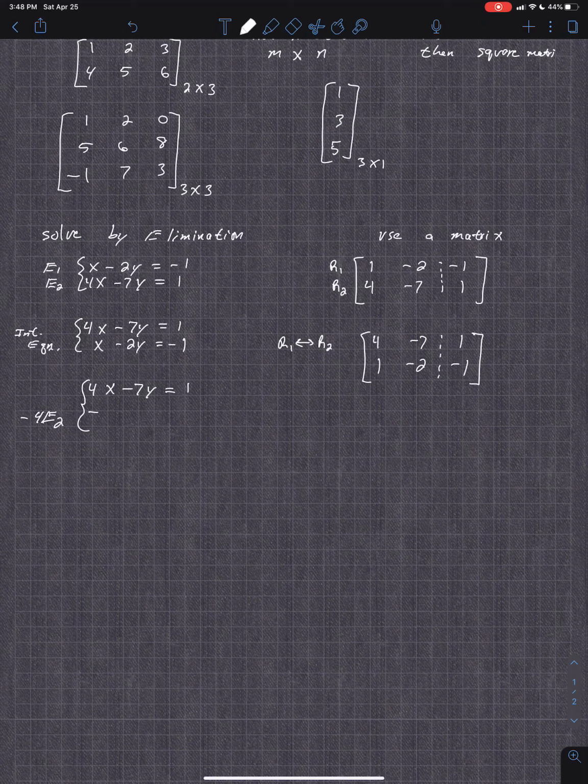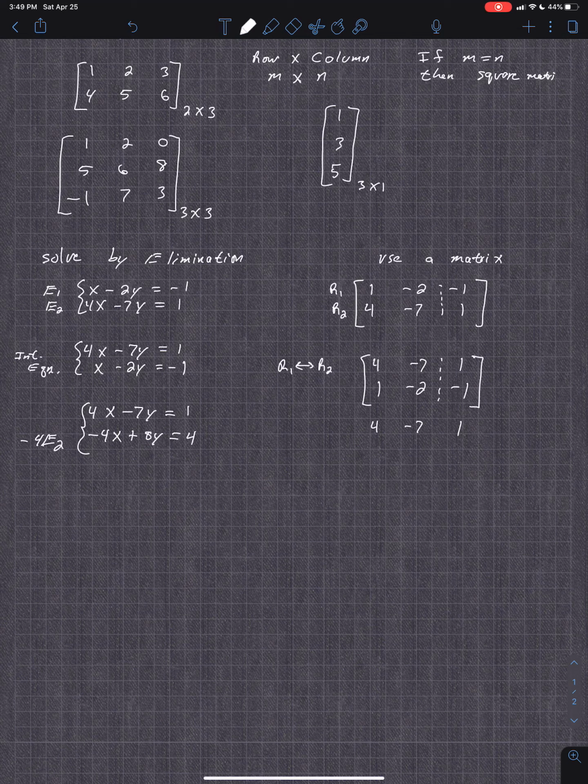So you get -4x plus 8y equal to 4. All right, so over here, you just recopy row 1. So 4, -7, 1.